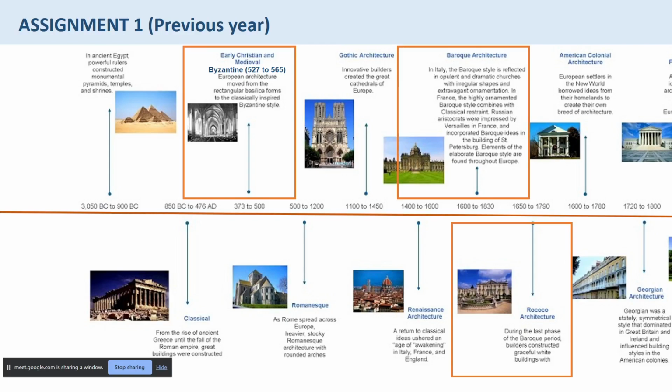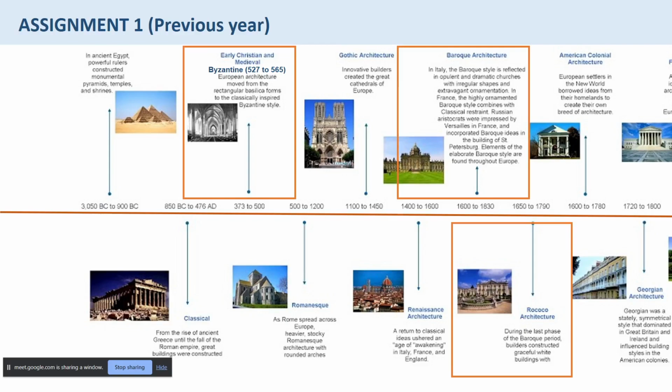Then we come to Renaissance architecture, and Renaissance was basically rebirth. It means rebirth. So it was again back to the classical ideas of awakening and age, and it was very common in Italy, France, and England, and they used huge domes in their structures, and they were decorated and other stuff. Then we came to Baroque architecture.